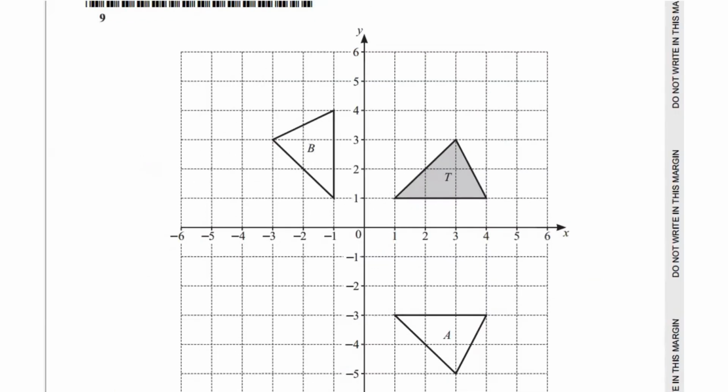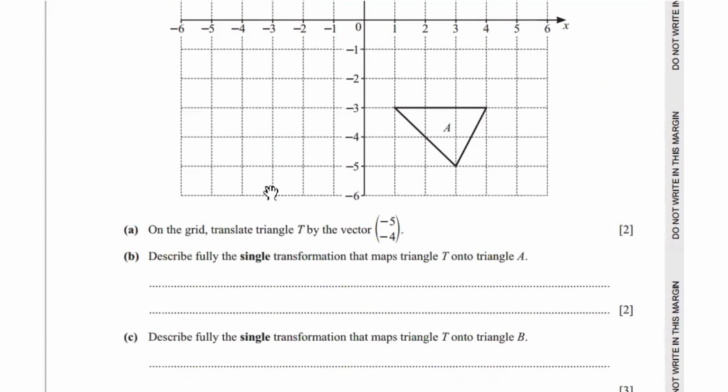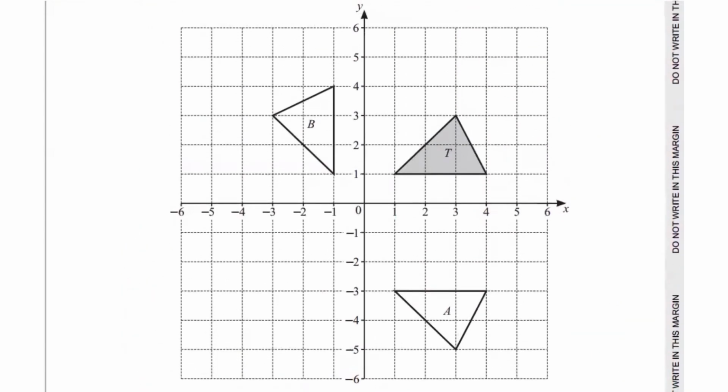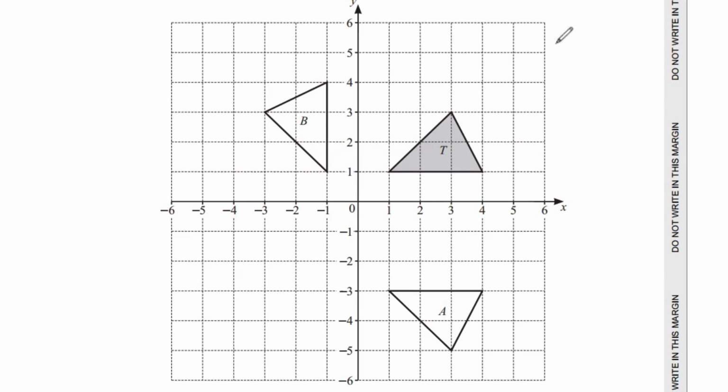Question 9 says, on the grid translate T by the vector negative 5, negative 4. That means we're moving 5 units to the left and 4 units down. So 5 units to the left for this is going to be at negative 2, and then 4 units down over here.